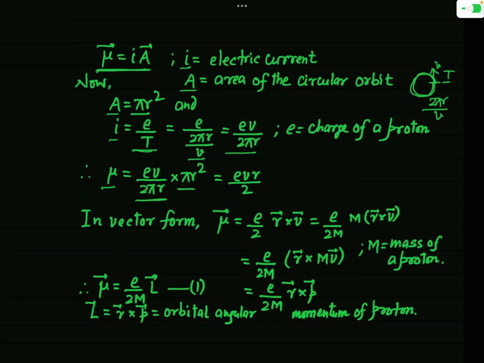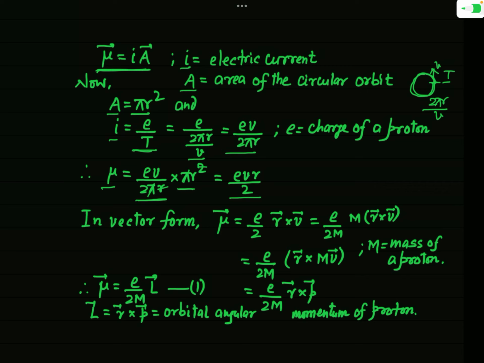Now this pi will cancel out, and one of the r will also cancel out. So the magnitude of the magnetic moment is e v r by 2. This is actually the orbital magnetic moment, you know, because this is due to the orbital motion of the proton.